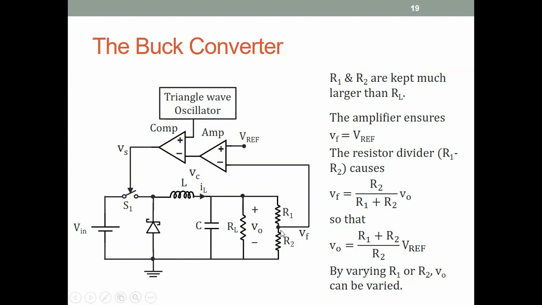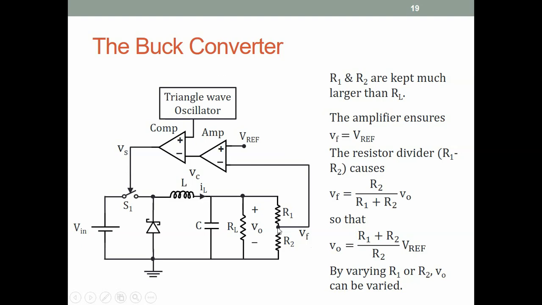But here is what they do. The voltage Vf, where F stands for feedback, is a voltage-divided voltage of Vo. Alright, because this is Vo, Vf is R2 by R1 plus R2 of Vo.